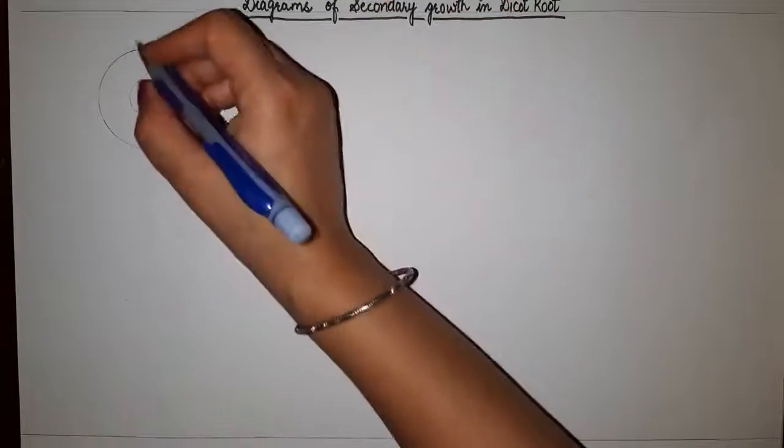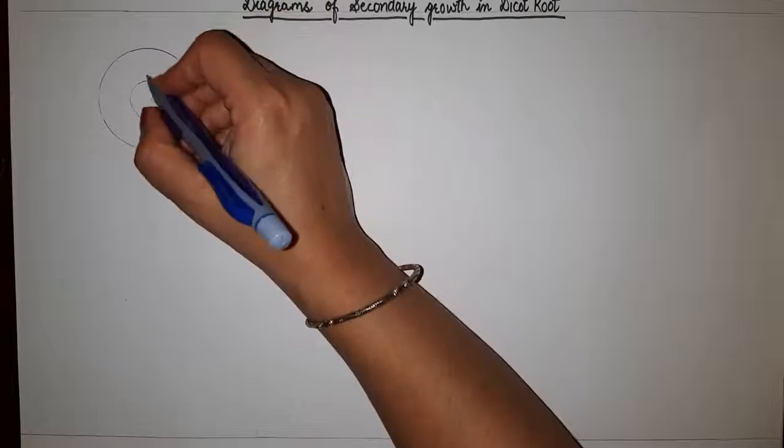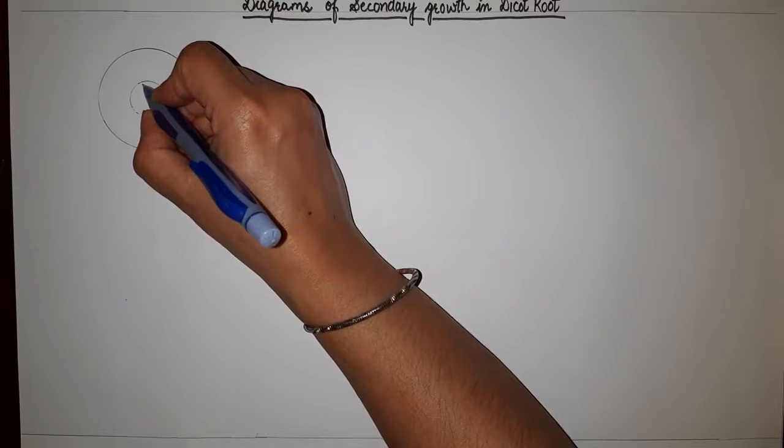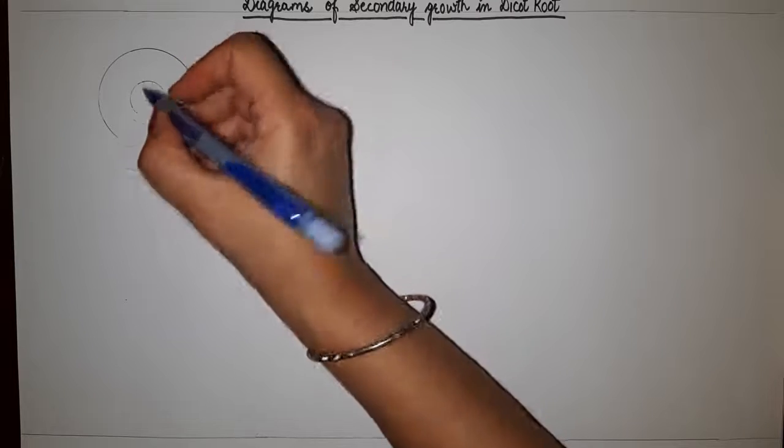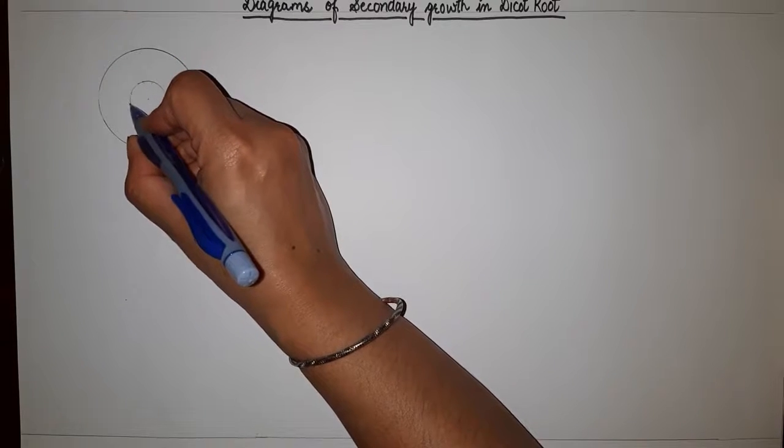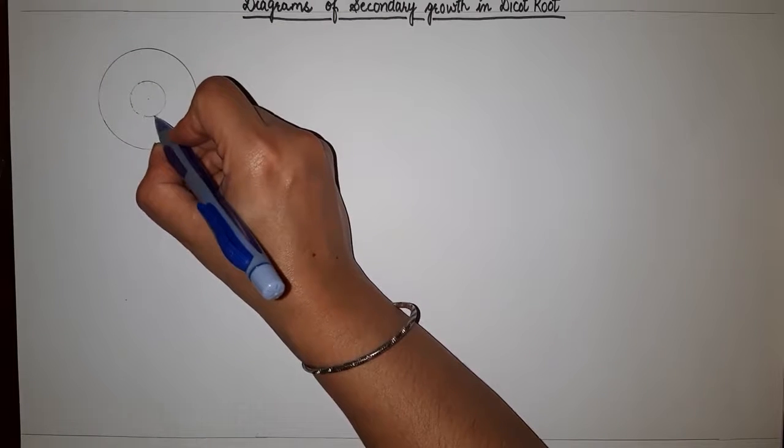So what is the primary structure of the root? If we cut its cross section, transverse section, you have to divide this area into an X like structure.